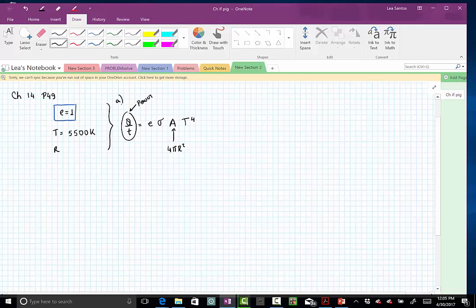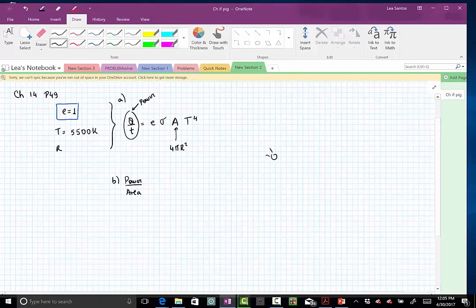Question B is, from this, determine the power per unit area. Okay, so now they want the power per unit area, but which area? Per unit area arriving at Earth. Okay, so here we have the sun, and it's emitting all over, all around it.